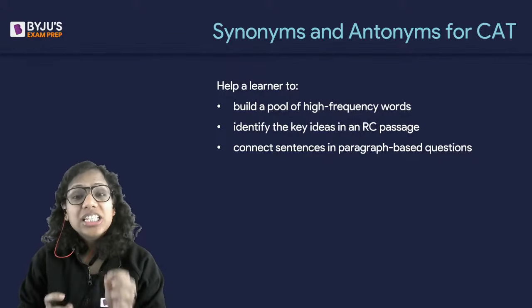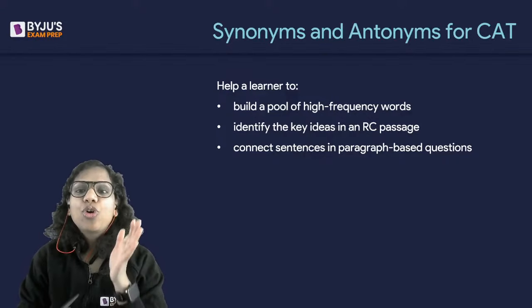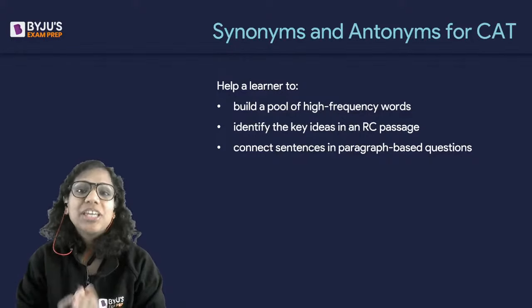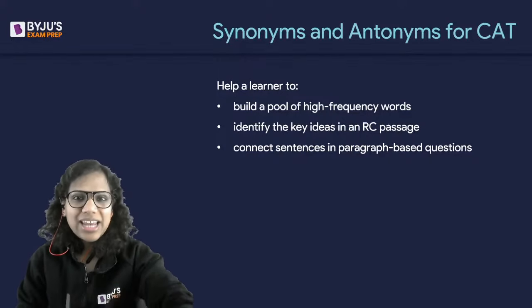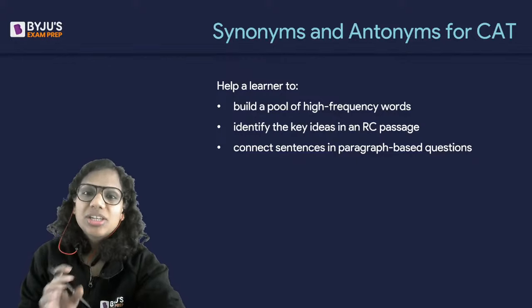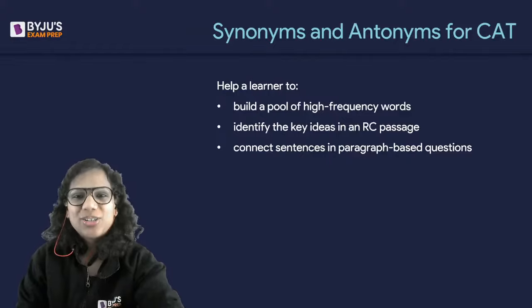So synonyms, antonyms, similar ideas, they also help you for understanding and connecting sentences in parajumbles, in para completion. That's how synonym antonyms are extremely useful no matter which management entrance exam you plan to take.